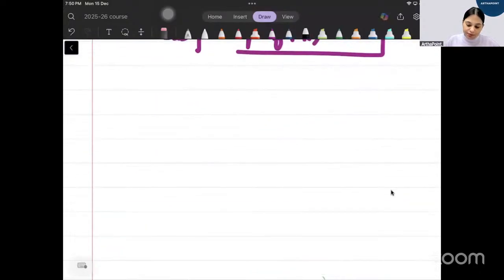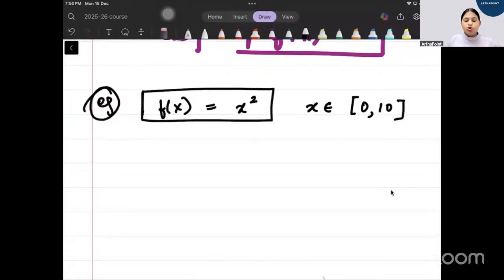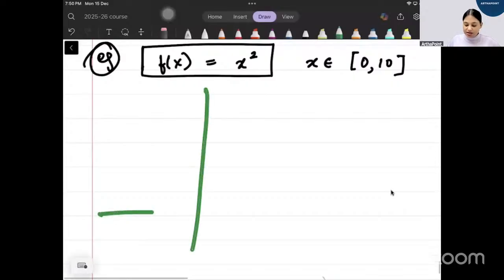Let's say I give you the function, I am taking a very basic one, f(x) is equal to x square in the interval 0 to 10, both included. Now this f(x) is equal to x square, I know this is a parabola. And when I go ahead and plot this, it looks like this.